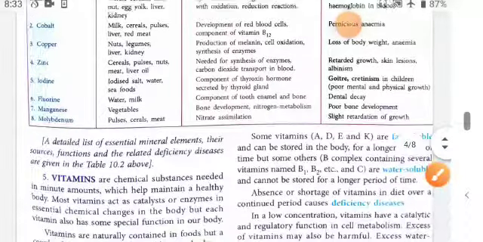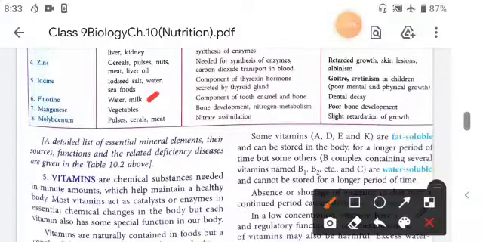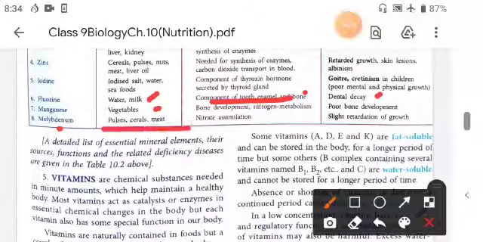Now fluorine, found in water and milk. Function is as a component of tooth enamel and bones. That means fluorine acts in the making of these things, and due to deficiency, dental decay will be there. And manganese is found in vegetables, and molybdenum in pulses, cereals and meats.